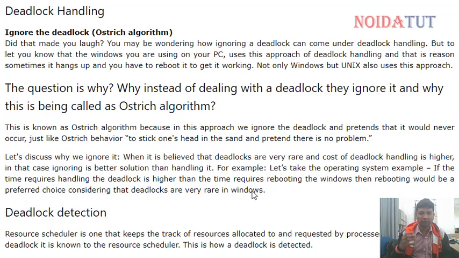We need to understand that Windows, which we are using on our system, uses this approach of deadlock handling, and that is the reason sometimes it hangs up and we have to reboot the system to get it working. Not only Windows, but Unix also uses this approach, the ostrich algorithm, that is, ignore the deadlock.